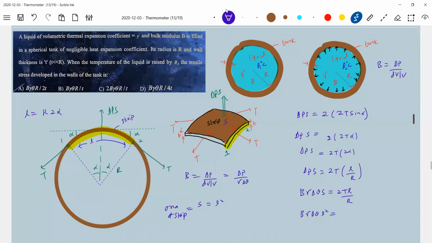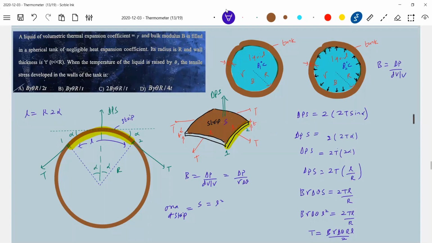So finally, what is the expression for tension? T equals B gamma delta theta L R L by 2. Is asking the tensile stress.